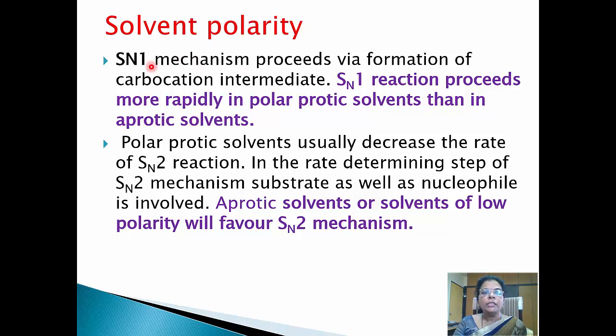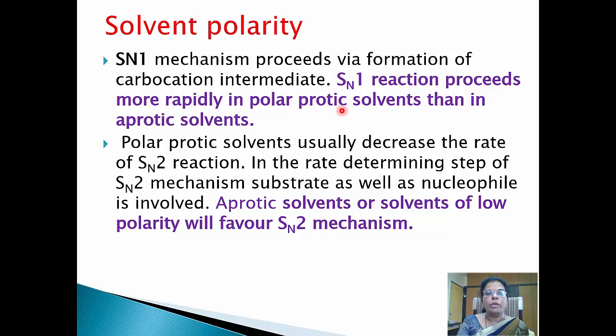Thus the SN1 mechanism proceeds via formation of a carbocation, that is ionization takes place, and therefore the SN1 reaction proceeds more rapidly in polar protic solvent than in aprotic solvent.